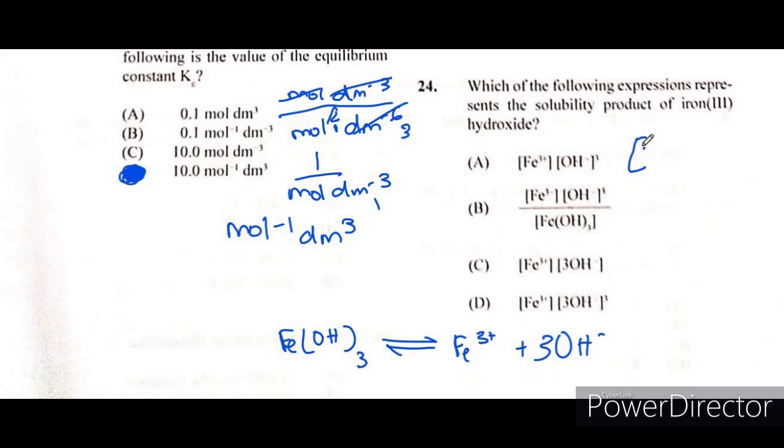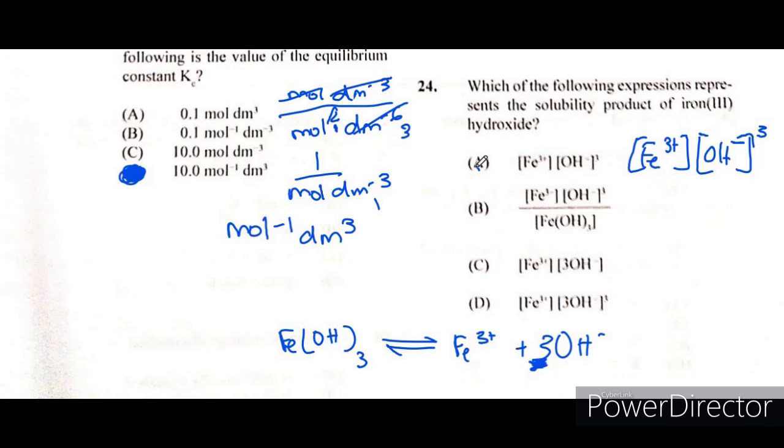Now, the solubility product would be Fe3 plus multiplied by the concentration of the OH minus ion to the 3rd power, because we have the number 3 here. So we're looking for this. Okay, Fe3 plus, I believe that's what A says.